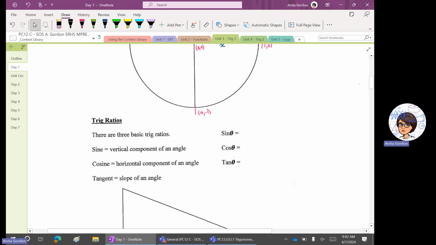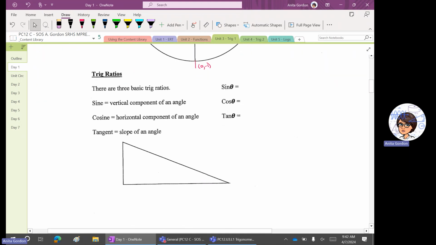Okay, so again, this is a basic review. If I have an angle in a triangle, let's say it is this corner, we label the side across the angle as the opposite side. We label the side touching the angle as the adjacent, and the longest side as the hypotenuse. When we are looking at the sine ratio, this is opposite over hypotenuse.